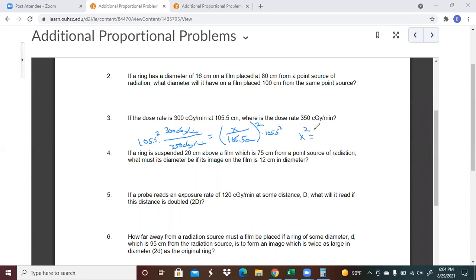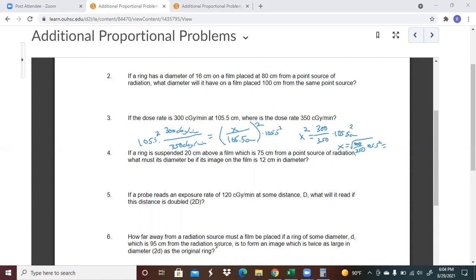So we've got 300 divided by 350 times, and the dose rates, the centigrade per minute, will cancel. That's going to be multiplied by 105.5 squared cm. We take the square root of that. 300 divided by 350 times 105.5 squared. What do we end up with?